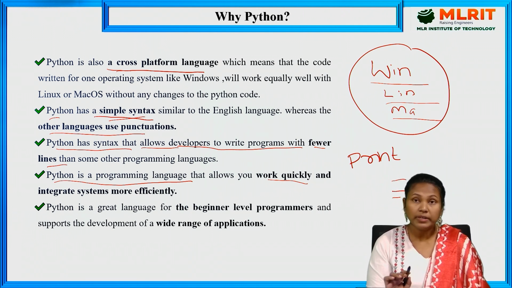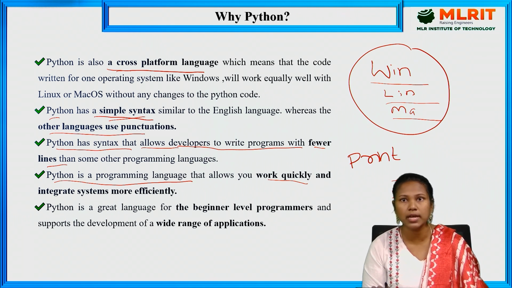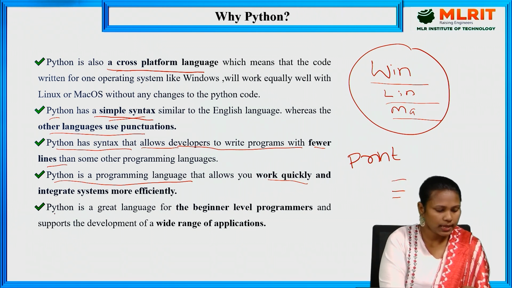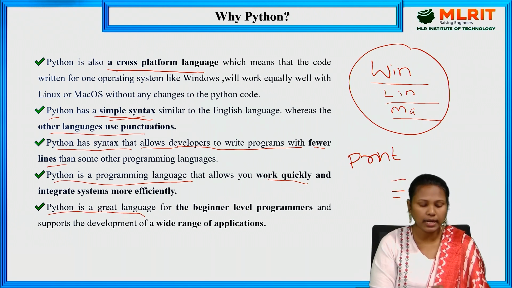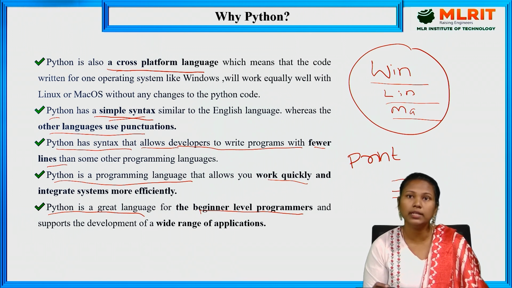So working quickly means less code, and there are so many modules that we can use to perform our operations. The next one, Python is a great language for beginner-level programmers, so there is no need to learn the remaining things.